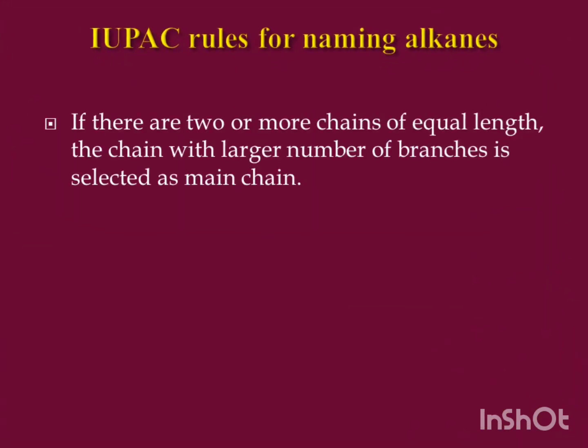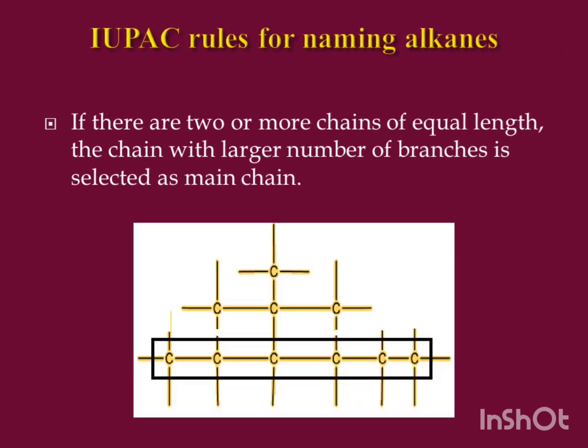So, as the rule says, we have to select the parent chain with the larger number of branches. To understand it, let us see this molecule again. If we select this as our parent chain, then you will get a branch from this carbon atom, and this whole substituent will be considered as a single branch.